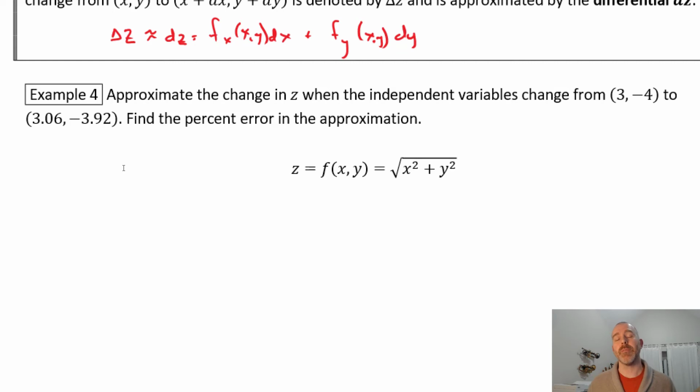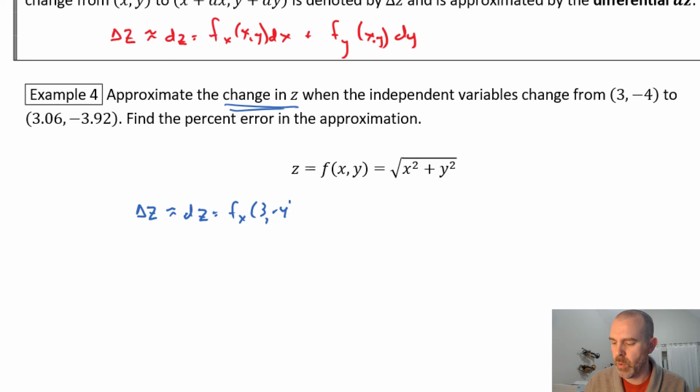We're not going to approximate the function value. We're going to approximate how much the function changes, the change in z. So delta z will be approximately equal to dz, which will be the derivative in the x direction evaluated at (3, -4), multiplied by the change in x, which is 0.06, plus the slope in the y direction at (3, -4) times the change in the y direction, which was -0.08.